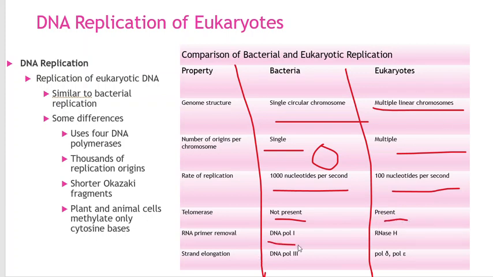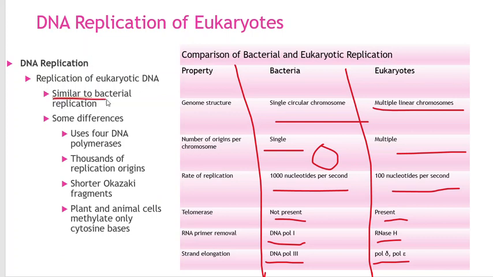RNA primer removal: DNA polymerase 1 in bacteria. In eukaryotes, we use RNase H, just another enzyme. We use DNA polymerase 3 in bacteria, and we use pol alpha and pol delta in eukaryotes, but they pretty much do the same function, guys.